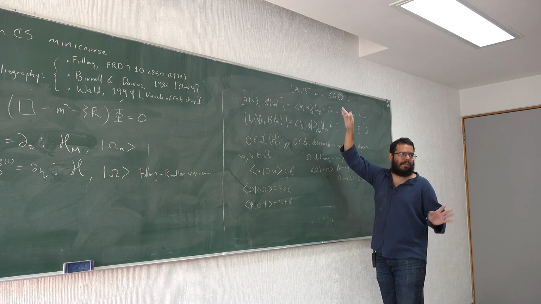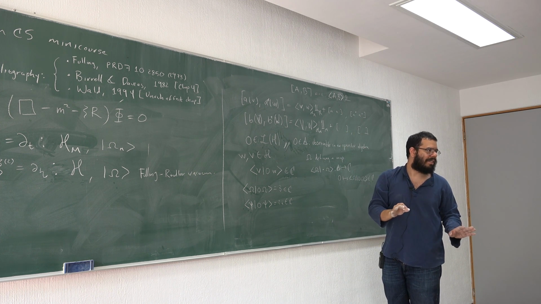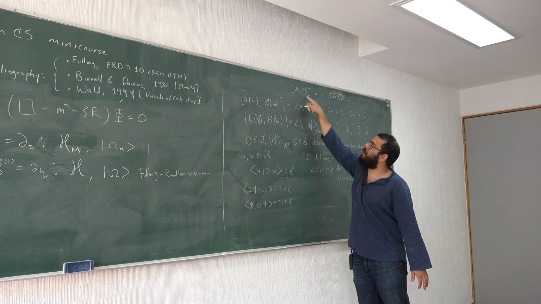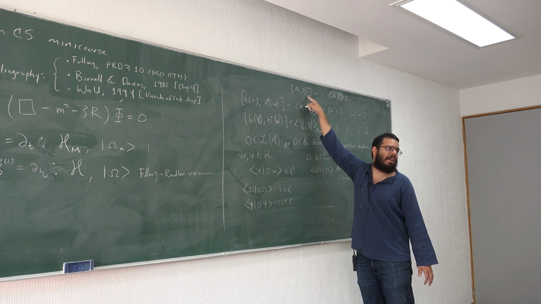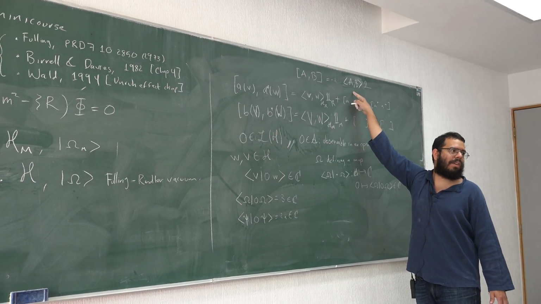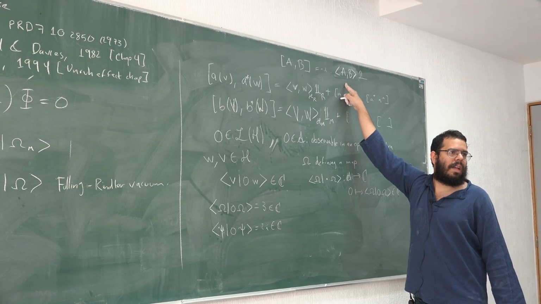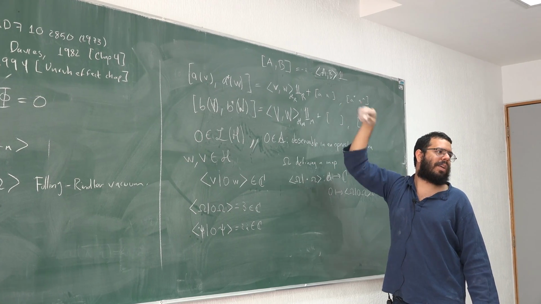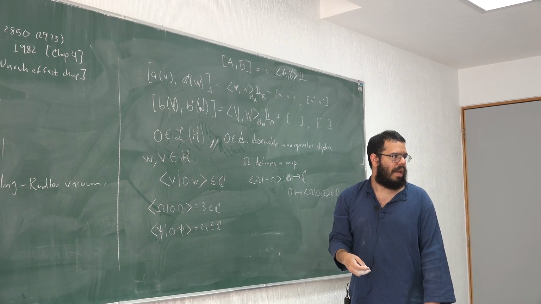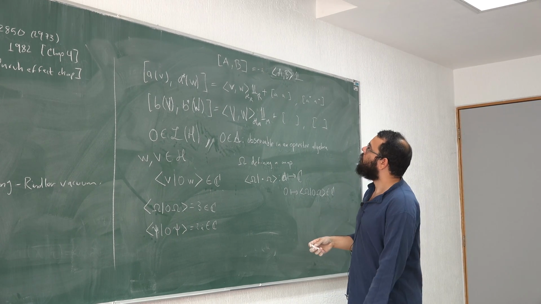We'll see that in detail, but let me tell you something already. This is antisymmetric in A and B. And so on the right hand side you better have some antisymmetric stuff as well, right? And typically that antisymmetric stuff will be related to some symplectic structure or something like that.